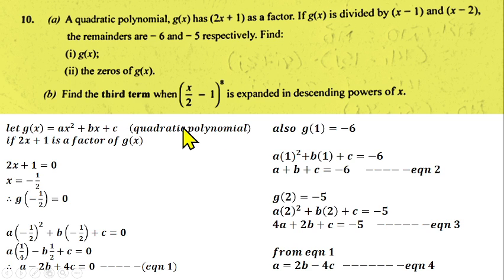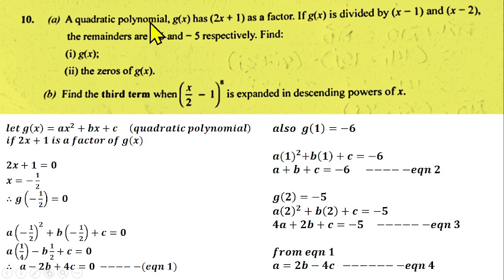Does that make any sense to you? But when the divisor divides the dividend and the remainder is not 0, that means the divisor is not a factor of the dividend. So that's what it means. Now, how do we solve this kind of question?